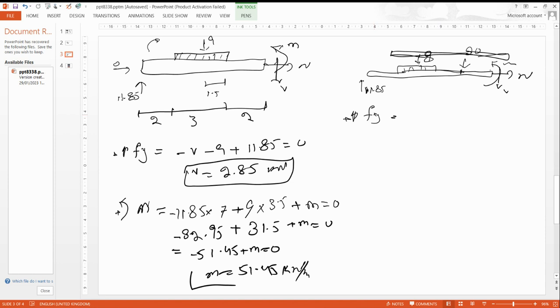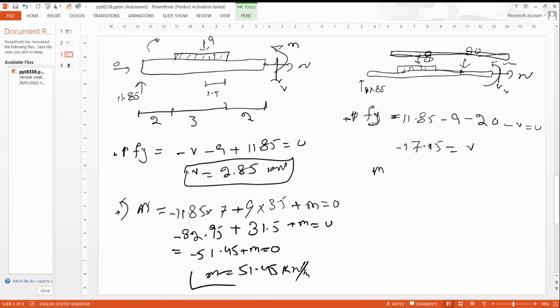So 11.85 is going upward, so it's positive. 9 is going downward, 20 is going downward, and V is going downward, so it equals 0. So 11.85 minus 9 minus 20, so it's 17.5 minus V, V is going this way so it's negative, and this is also negative.